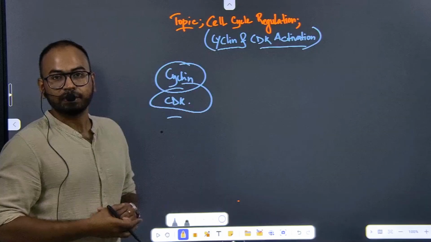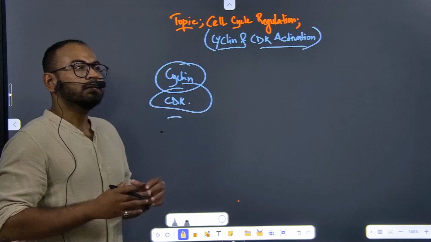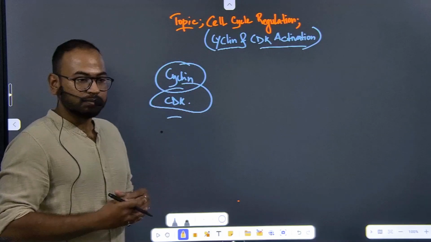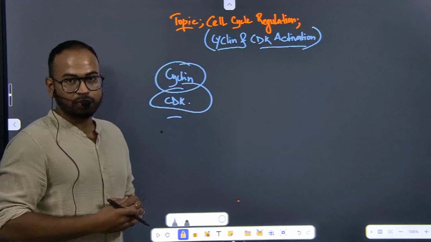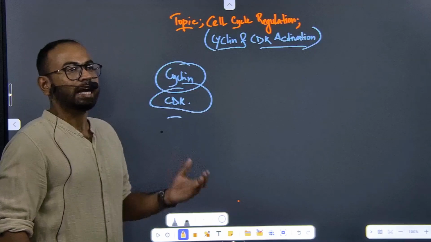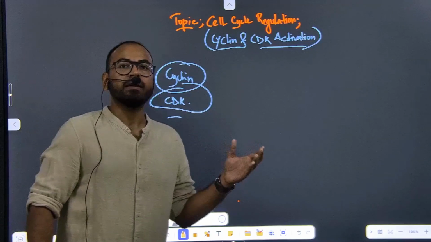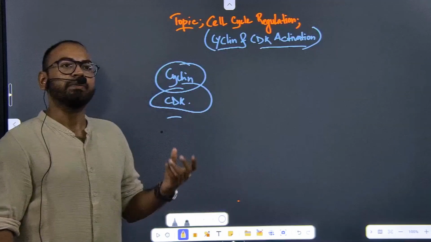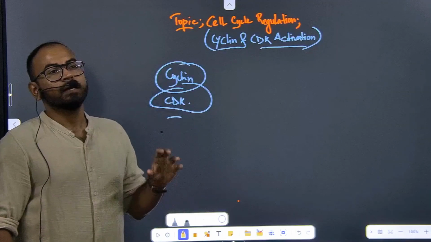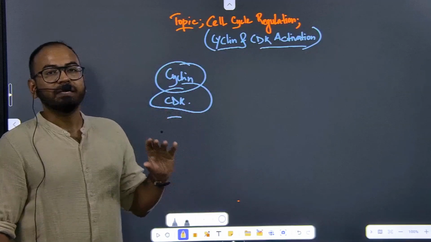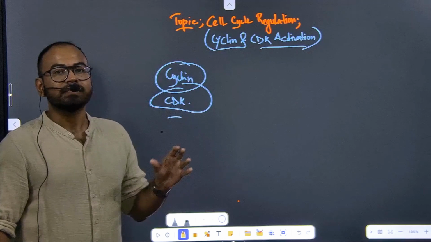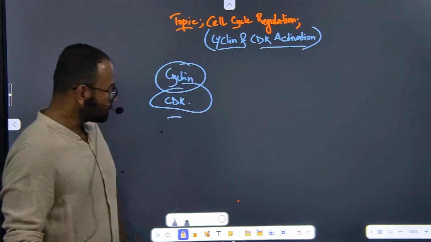We are all aware of it. Based upon differences in organisms, whether it be Saccharomyces cerevisiae, the mammalian system, or Schizosaccharomyces pombe, the MPFs, that means the cyclins and the CDKs, vary from each other.